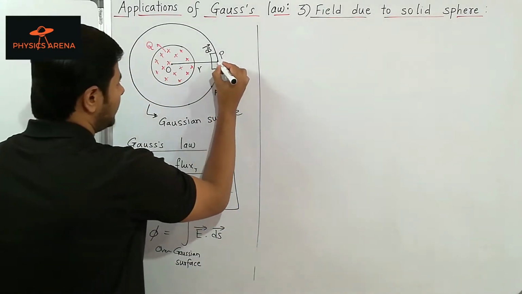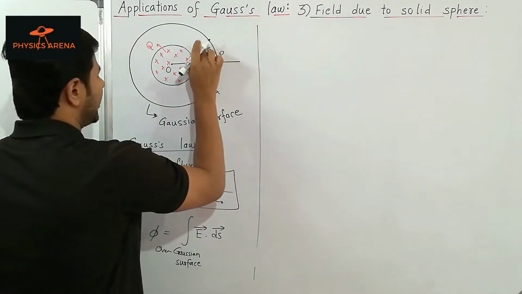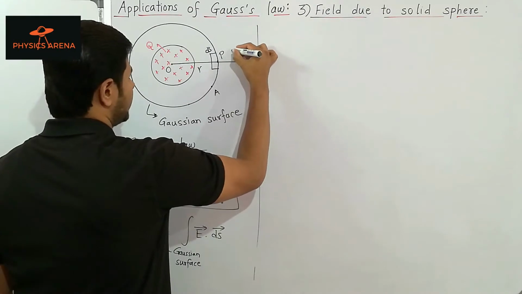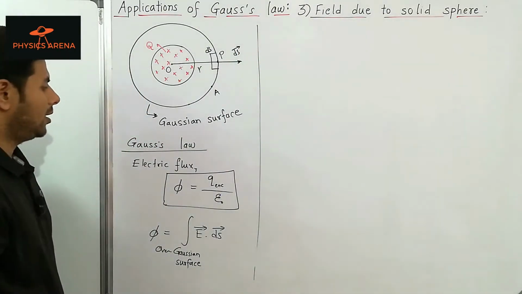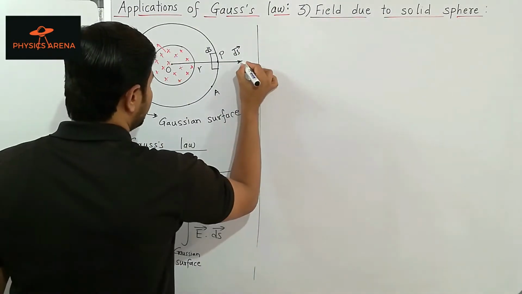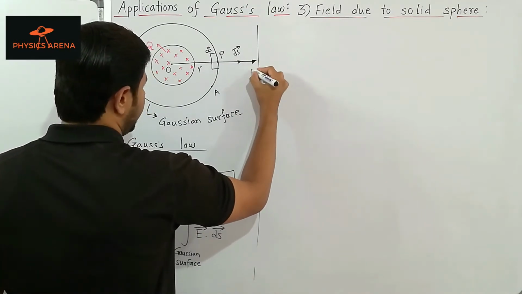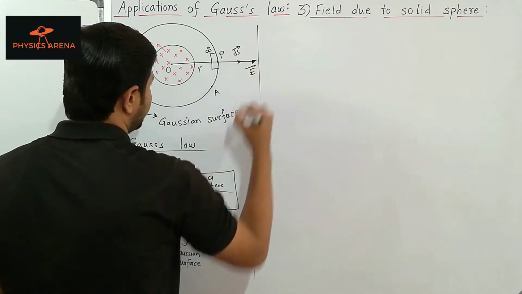So the direction of ds bar would be like this. This is the magnitude. And electric field is also in the same direction. It's in this radial direction. So this is electric field.